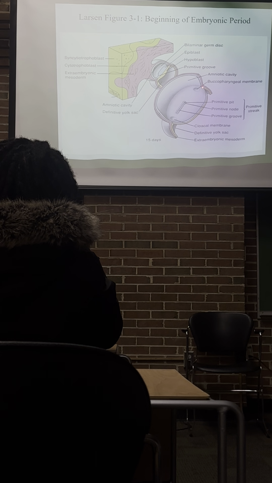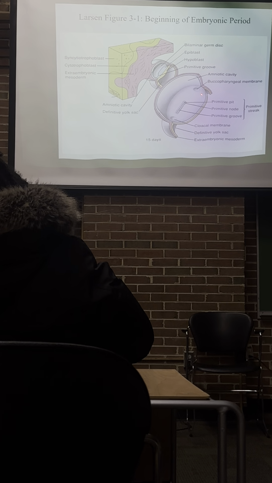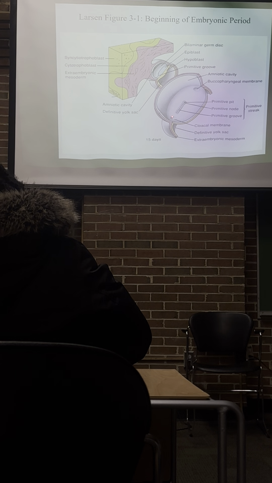The buccopharyngeal membrane and the cloacal membrane have no mesoderm migrating into these areas because this is going to be the opening of the oral cavity. And this is in a bird, for instance, which doesn't separate the anal canal from the birth canal. They have a cloaca. This becomes perforated and open at the other end.